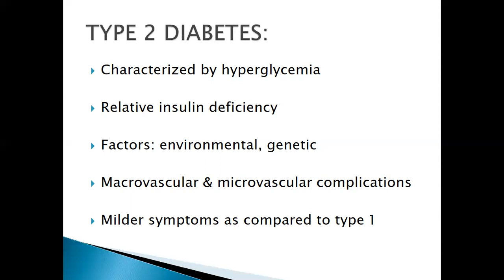So what are these environmental factors? This would include lifestyle factors, the lifestyle of an individual. So you might have a poor lifestyle, with increased intake of glucose and a less active, more sedentary lifestyle.